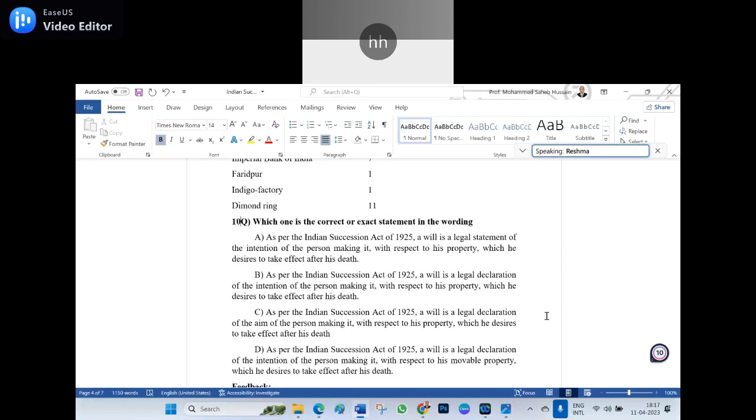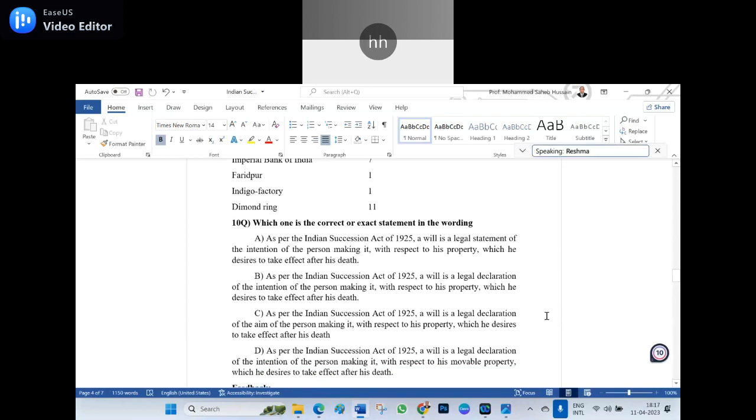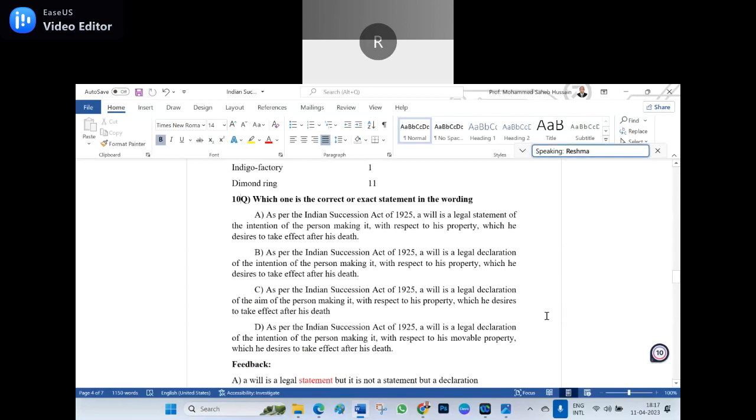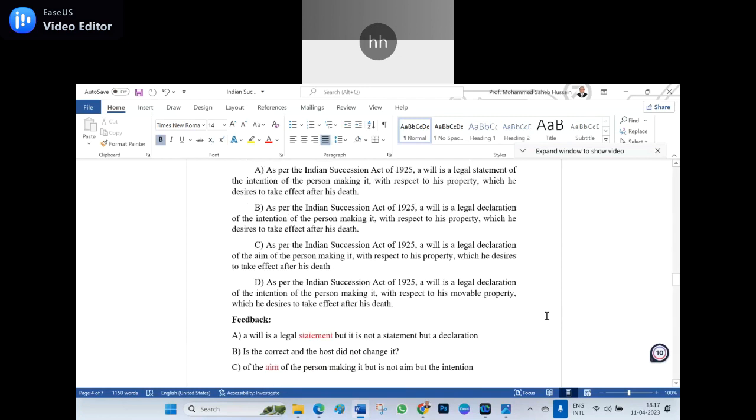Second option, C, sir. B for Bombay is the right answer. In A, a will is a legal statement, but it is not a statement, it is a declaration. B, I did not change it.